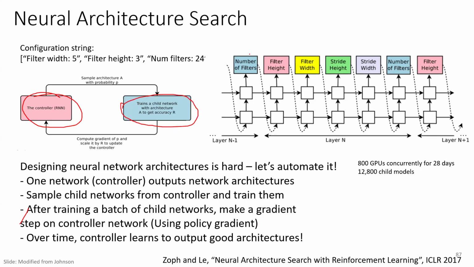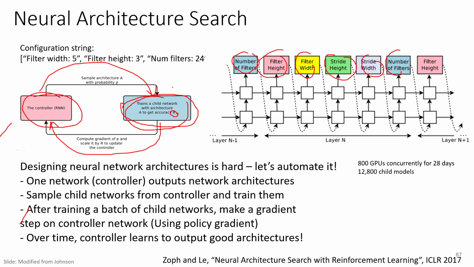Those child networks had some parameters: number of filters, the filter height, filter width, stride height, stride width, and so on. Those numbers they learned. Once you learn those numbers, you have a network. You run that network and compute the accuracy. You feed that accuracy back to the controller, and again change those parameters.